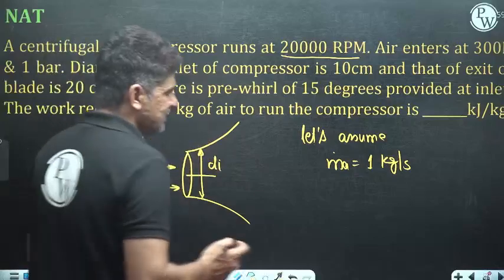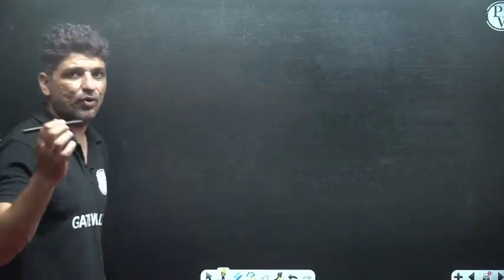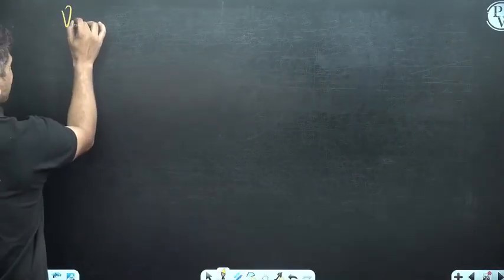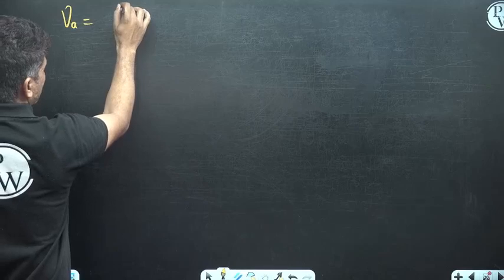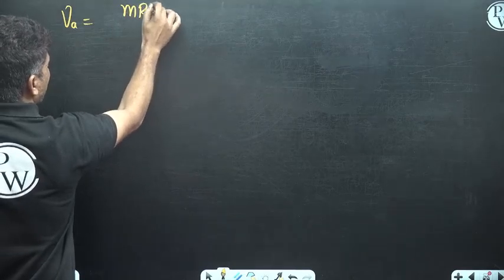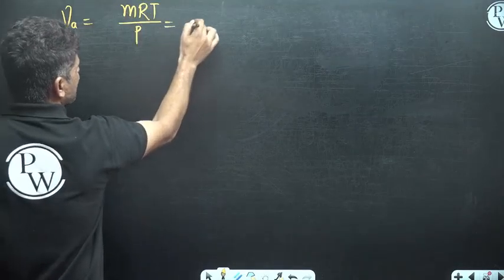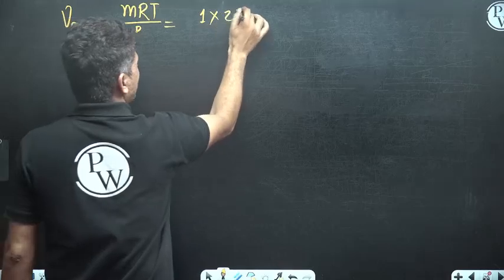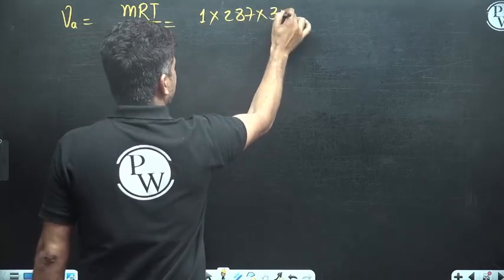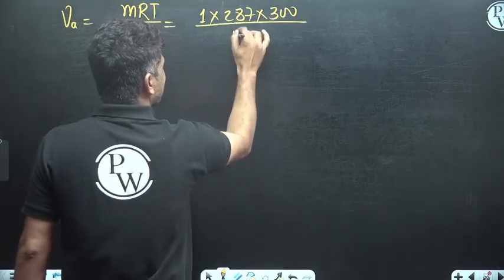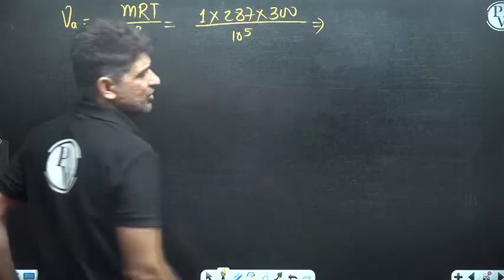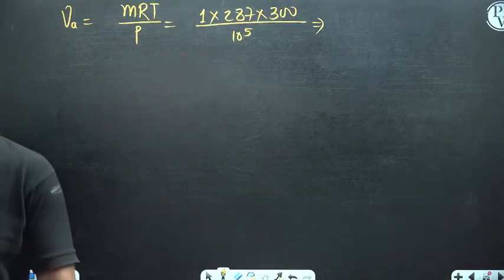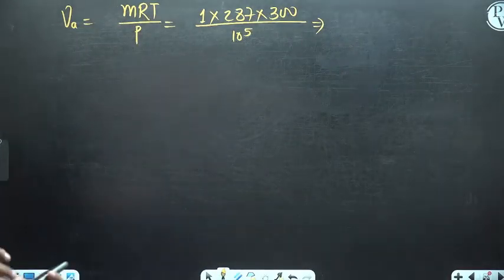If this is the mass flow rate, can we calculate the volume of air that is going inside? Volume of air will be equal to mRT divided by P. So the mass flow rate is 1 multiplied by 287 multiplied by 300 divided by 10 raised to power 5. This will be the volume of air that will be sucked inside the compressor per second.